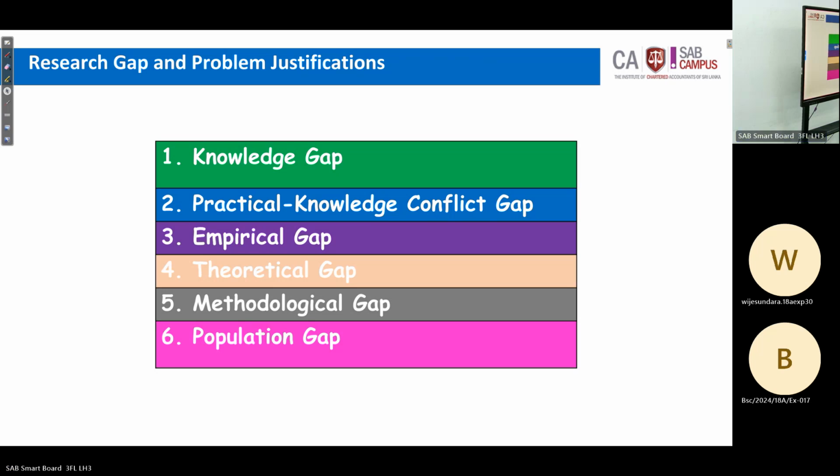Quantitative. Quantitative. It's quantitative. Yeah, very much. Quantitative, yes. Quantitative research.